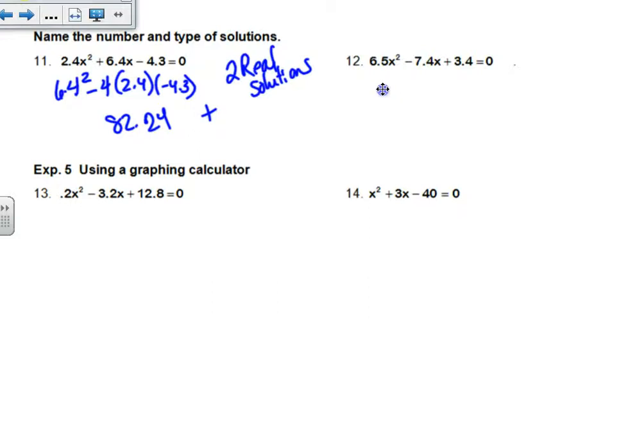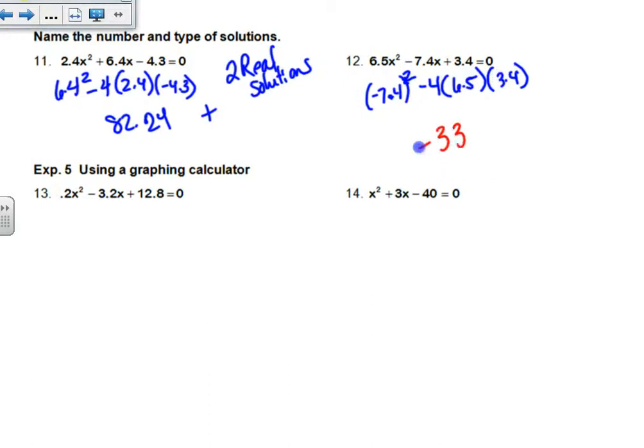So same thing for number 12. B squared would be, make sure it's negative 7 point, whoops, it's a 0.4, in parentheses, squared, minus 4 times A times C. And when I type that in my calculator, I tend to just leave the negative off since I know I'm squaring it, which is fine. I get a negative 33 point something.